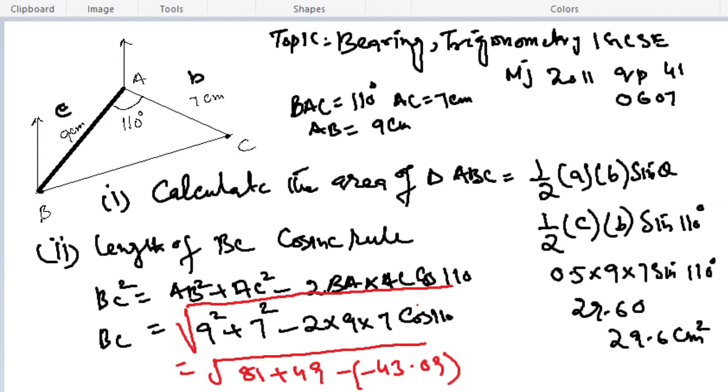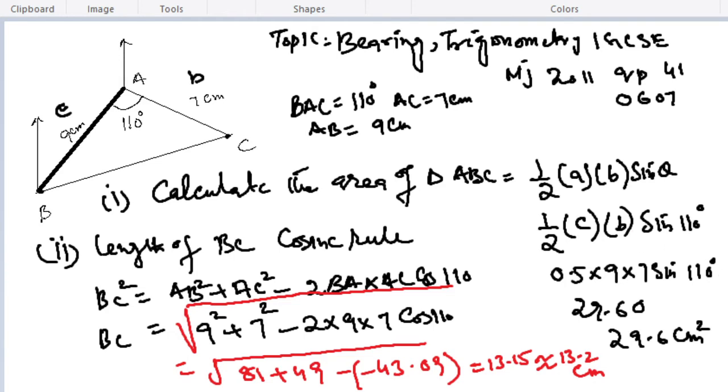So the total result becomes the square root of 81 plus 49 plus 43.09. It's giving us 13.15. So it's approximately equal to 13.2 centimeters. That's the length for BC. This part is done.